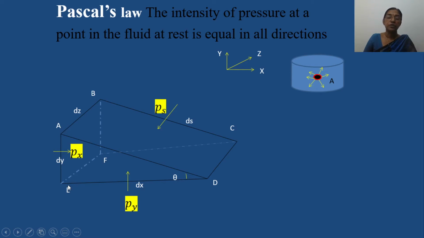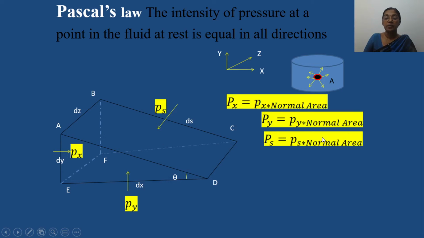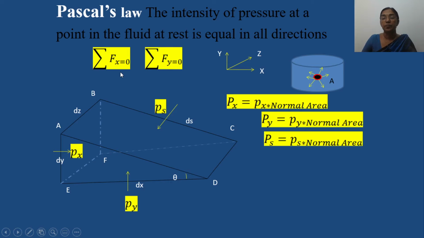The pressure force acting in y direction equals py multiplied with this area. Similarly, the pressure force on this plane equals ps into the normal area. In order to maintain the equilibrium of this fluid element within the fluid under rest condition, we have sigma Fx equal to 0 and sigma Fy equal to 0.